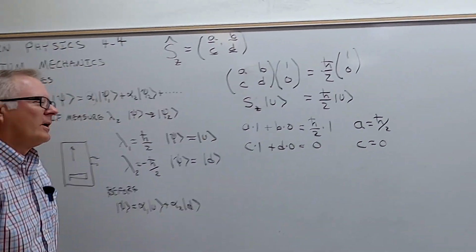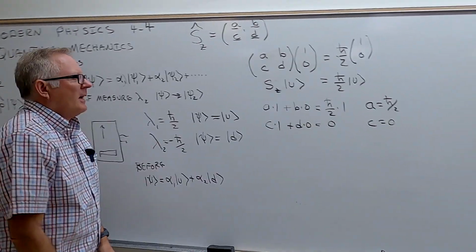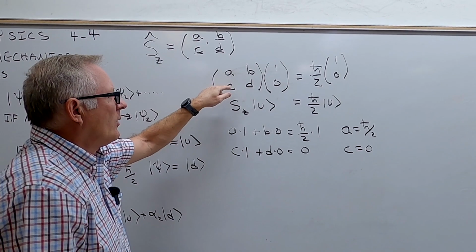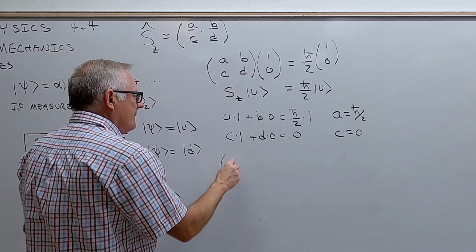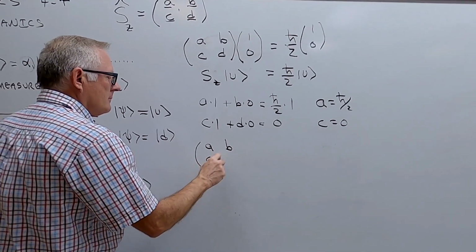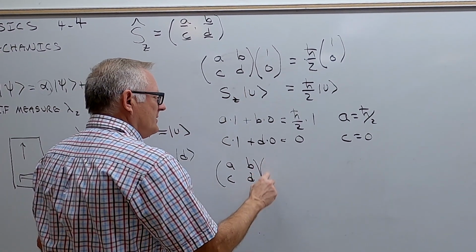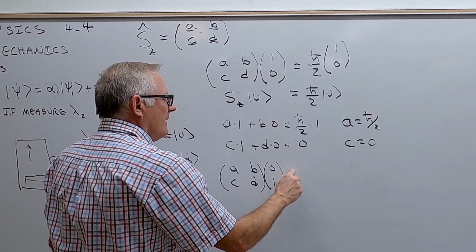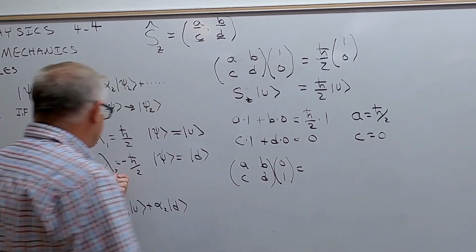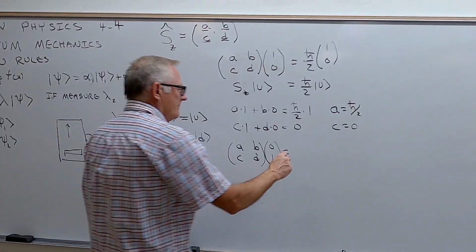So we've got 2 elements of the matrix. Okay, so now let's look at the other one, the ABCD. When we operate on the down, which is 0, 1, that should give me the minus h bar over 2.